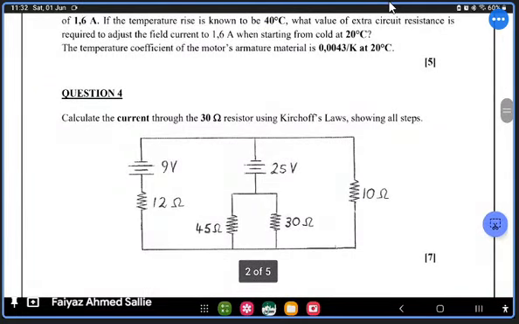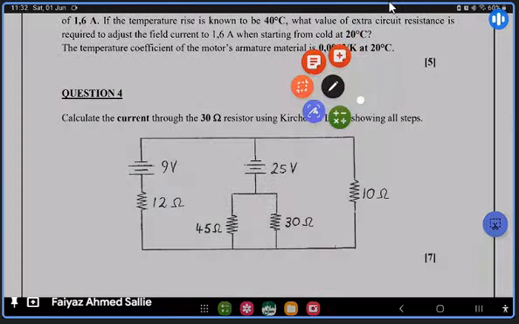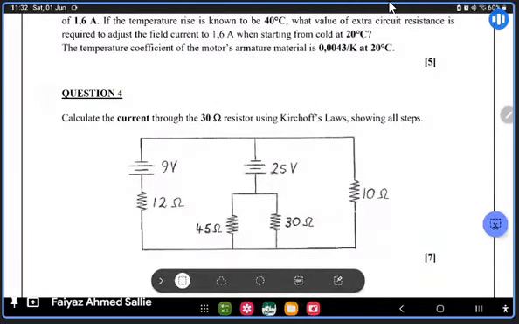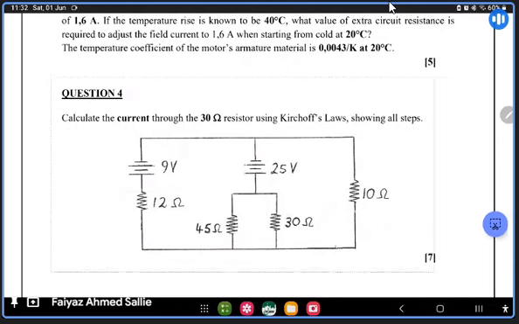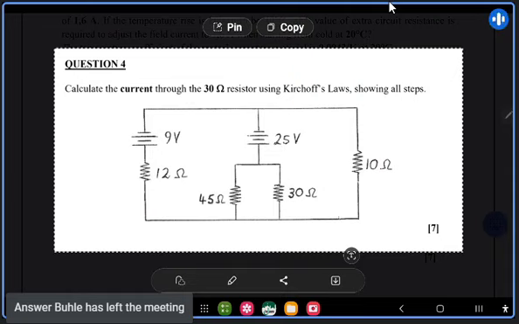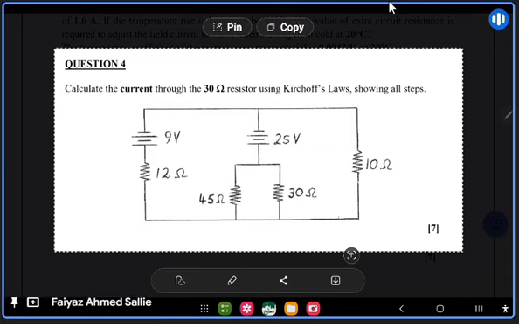Kirchhoff's law. I think in the next semester you guys will be doing other laws as well, such as Thevenin and superposition, something like that. Yeah, so it is kind of confusing, but I would recommend that you do not focus on studying these laws, because there's a lot of other questions that you guys can understand and are able to solve.